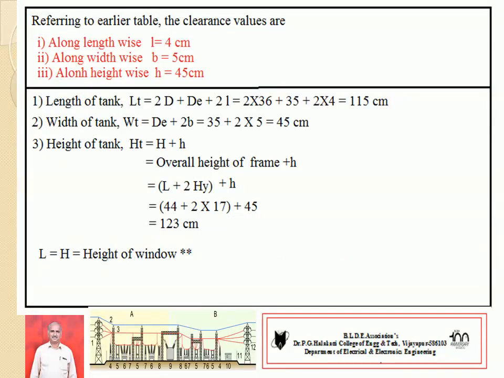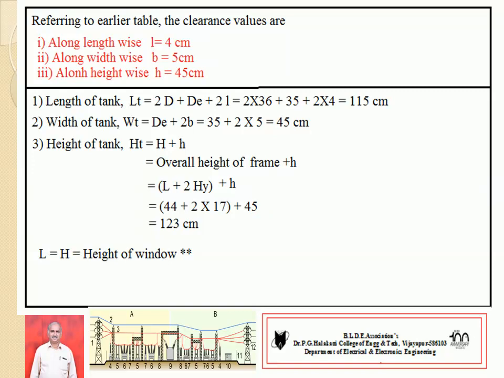Now referring to the table, write down the clearance value for one side as per the given rating of the transformer. L equal to 4 centimeter, B equal to 5 centimeter, H equal to 45 centimeter. So length of tank equals 2D plus DE plus 2 times L. So 2 into 36 plus 35 plus 2 into 4, we are going to get 115 centimeter.